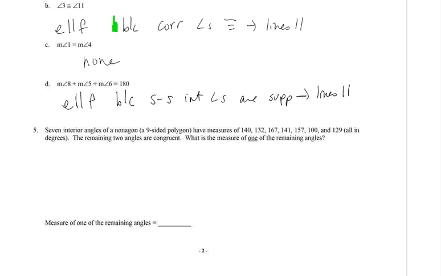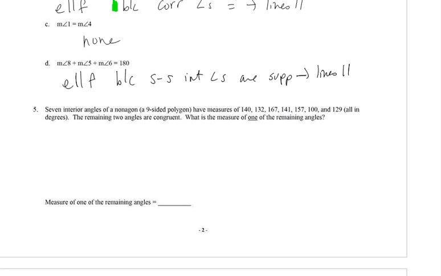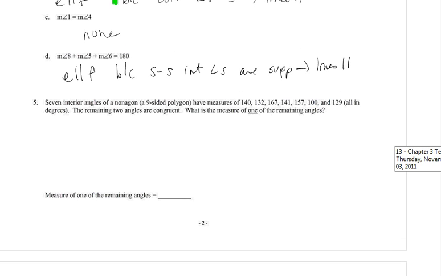I'm going to move down to number 5, which may or may not be number 5 on your version, depending on which version you took, but we are still on the second page. We're told that 7 interior angles of a nonagon, a 9-sided polygon, have the following measures. The remaining 2 angles are congruent. What is the measure of one of the remaining angles?